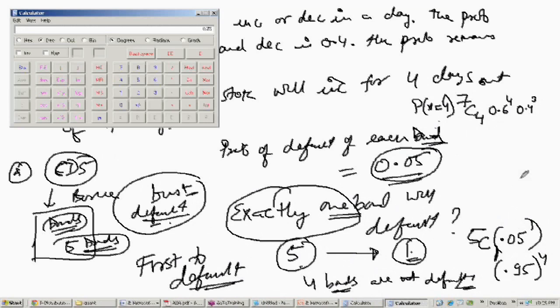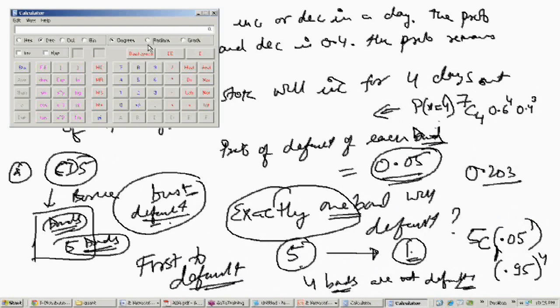If you compute, 5C1 is 5, into 0.05 into 0.95 to the power 4, the answer comes as 0.203626. So the probability of exactly one bond defaulting will be 0.203.